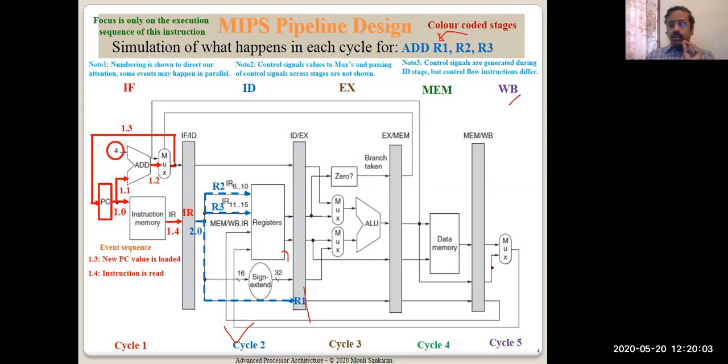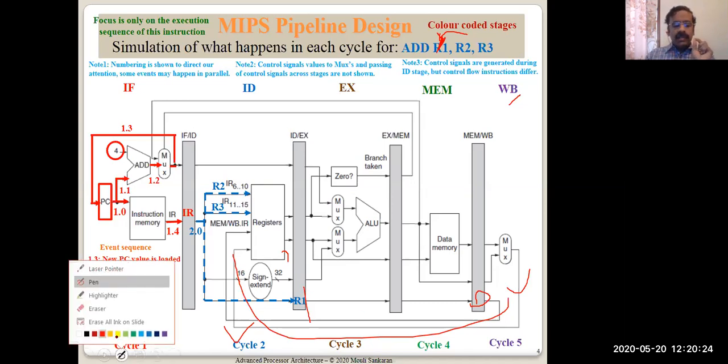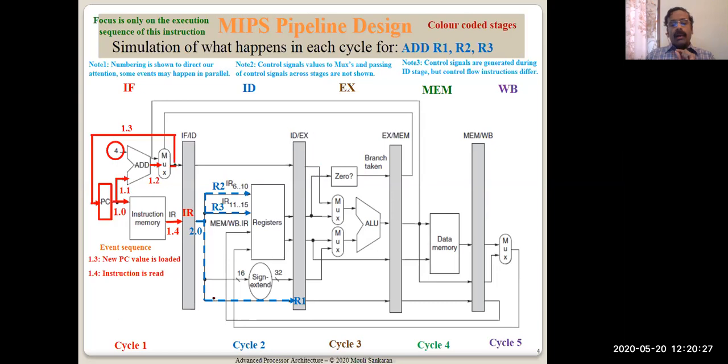So the write back stage should know it is supposed to write into R1. Only the number, suppose 001, is passed. If the destination register was R10, then number 10 will be passed because the write back stage is supposed to write back into R10. So it is the information about which register the result has to go to that is passed across, and not the actual content of the register.